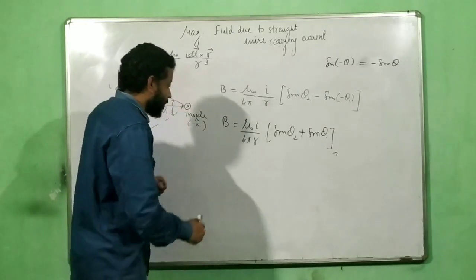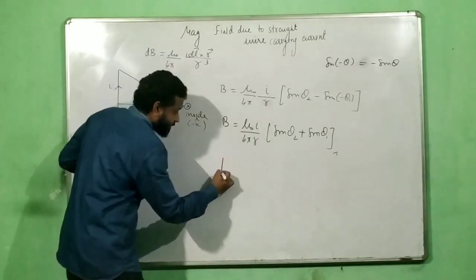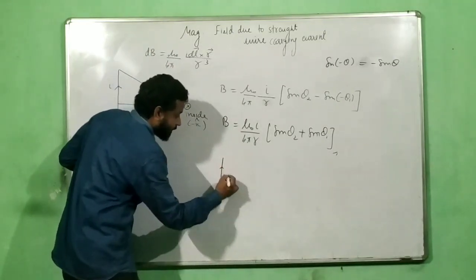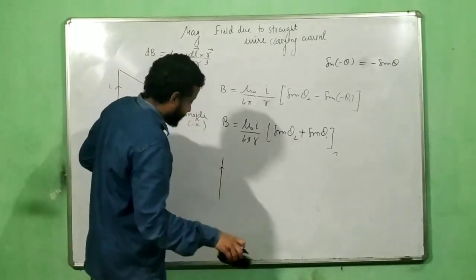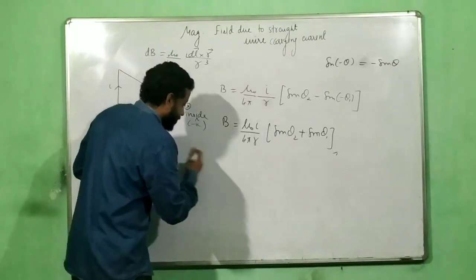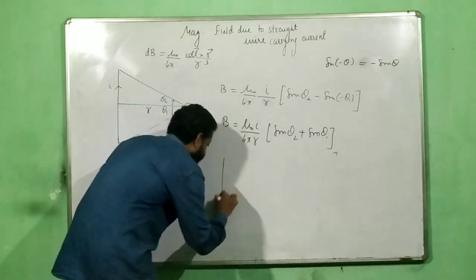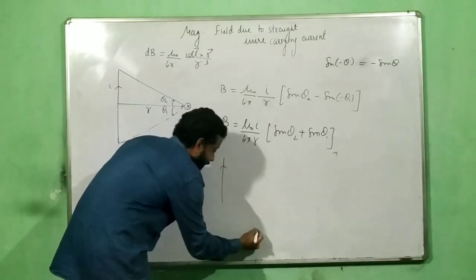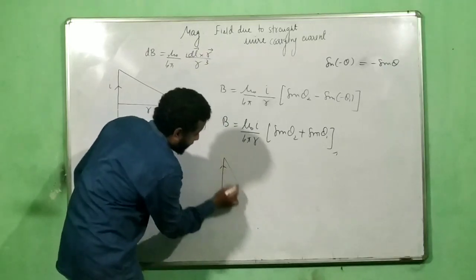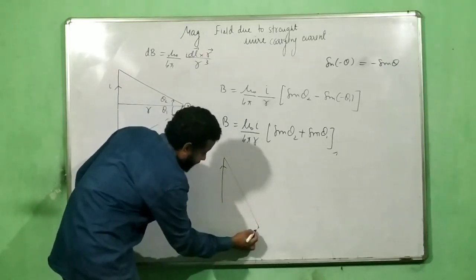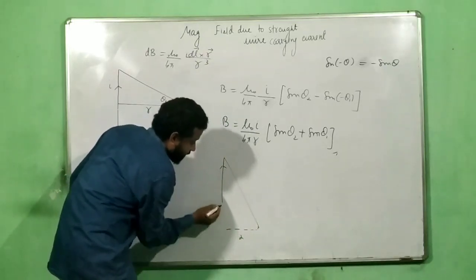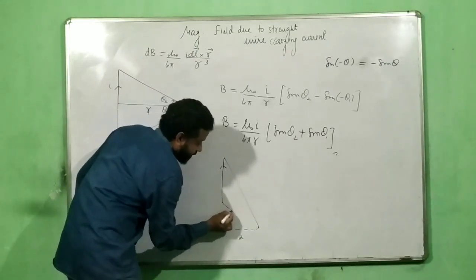You may get a problem only in this case. Just beware of this kind of questions. Suppose I want to find the field here, and this end makes an angle here and this is my R. The wire ends here.